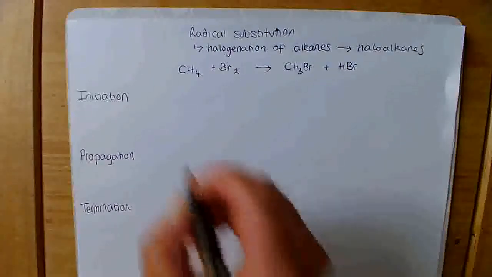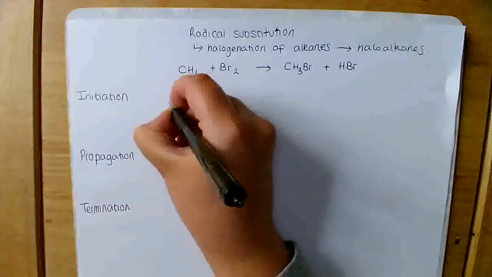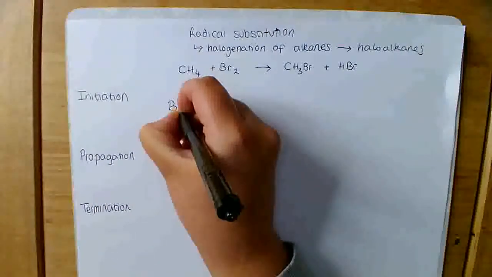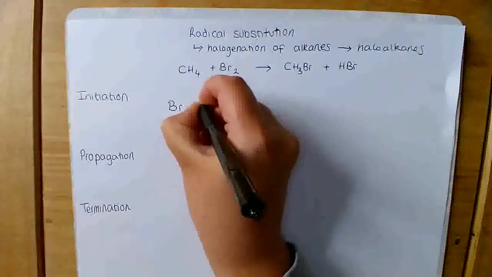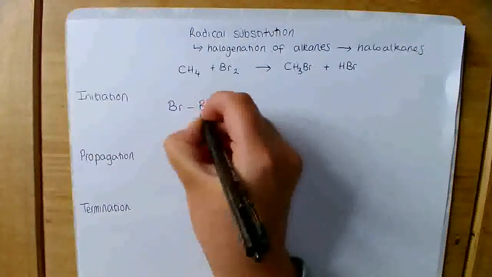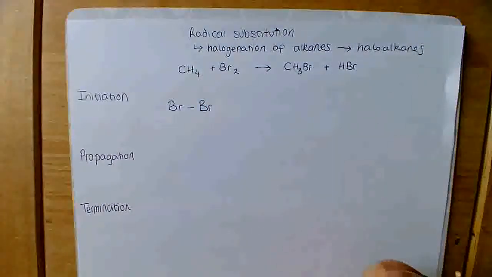In the initiation step, we start off with our bromine molecule. A bromine molecule is 2 bromine atoms joined together by a covalent bond, where a covalent bond is a shared pair of electrons between the nuclei of the bonded atoms.